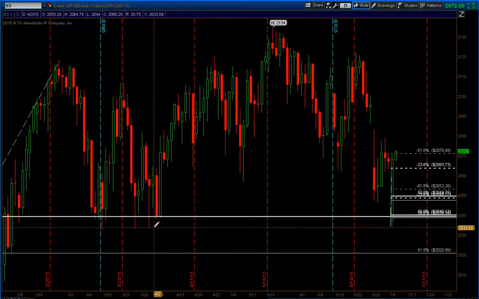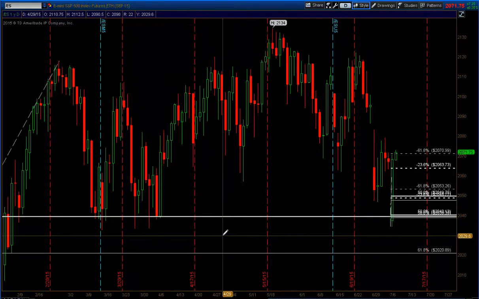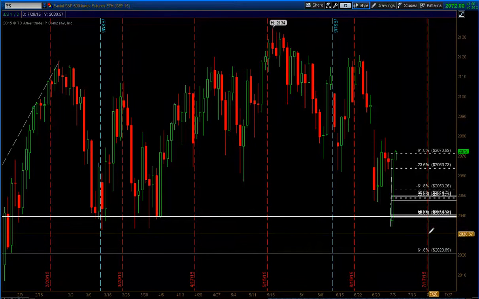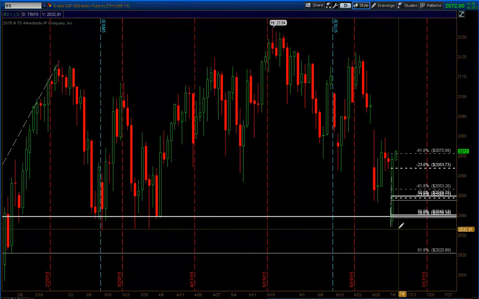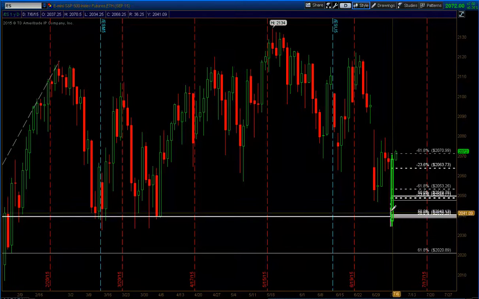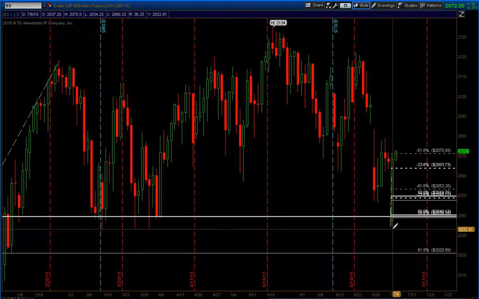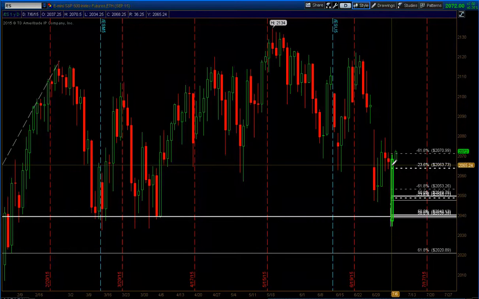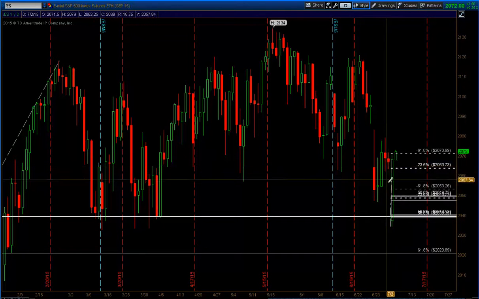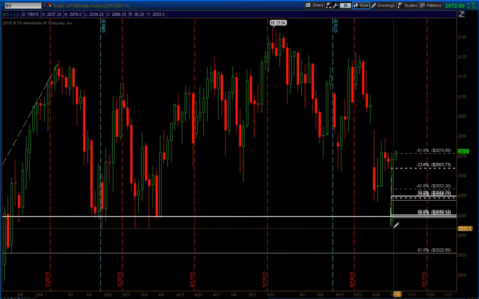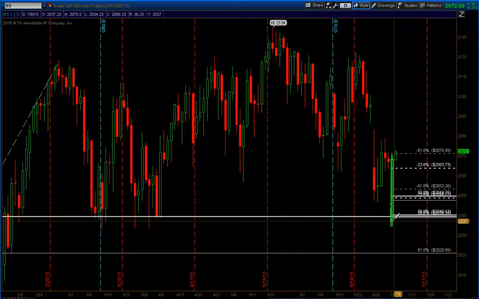Last week, the different scenarios that we were talking about, I'll leave that video in the archive so you can take a look at it. But to summarize the different scenarios at this level, we had a big gap down on Sunday's open, and then this big bar here is today's price action. We had the big gap down, and then we drifted higher all day long.